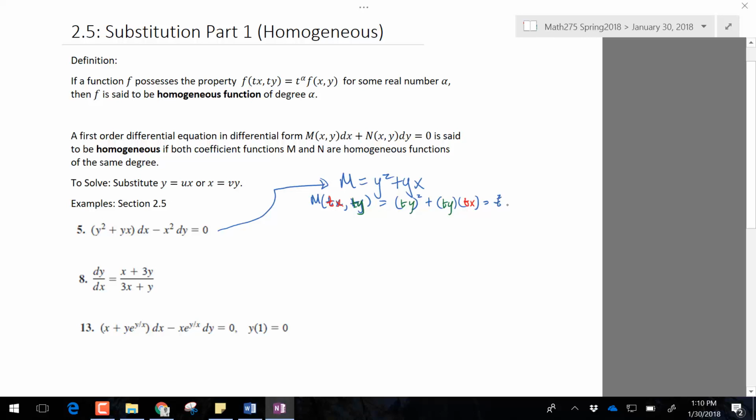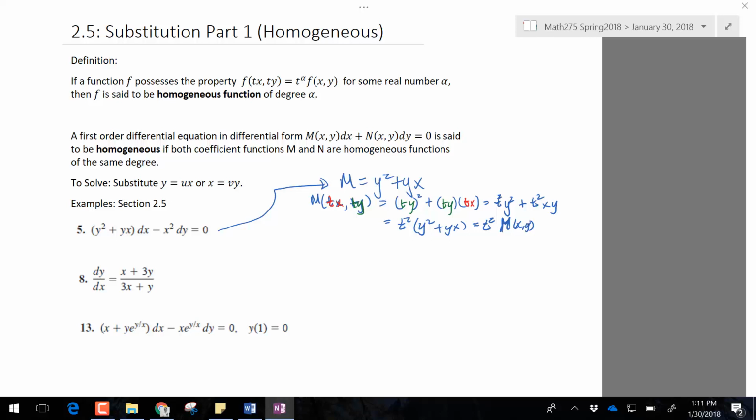My teachers used to say that. And then after we work it all out, it looks like it's just t squared times the original M function, right? So here we have a homogeneous function M.